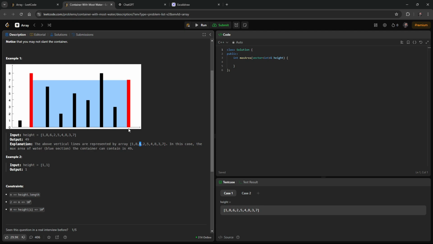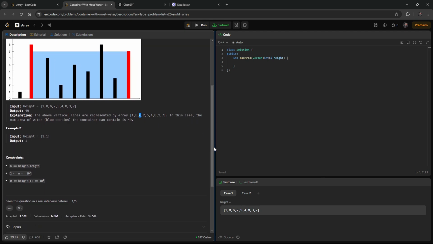So we have to take the smallest value between two lines and multiply it with the distance of its index from the first line, or the line which we are taking as our container's next line. The maximum amount of water the container can contain is 49.